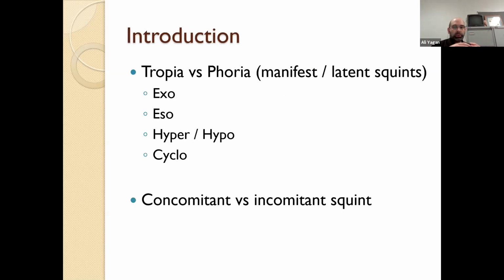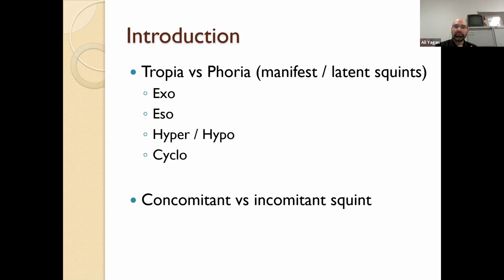Basically, we can divide squint into a manifest squint, where you look at the patient and see straight away that one eye is out of position, either horizontally or vertically, and we call that a tropia. Or a latent squint, where you need to do something to make the squint appear. The patient looks normal to you, but when you test them, it becomes manifest.